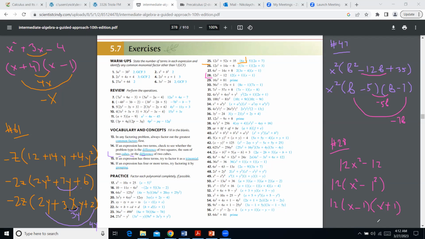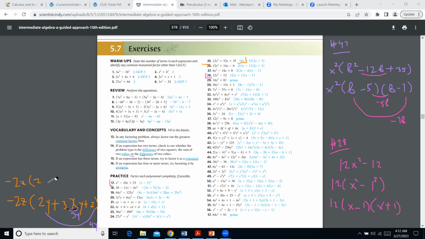So how about exercise number 17? When you start doing these factoring problems on your own, the more you practice, the more you get used to the process of breaking those polynomials into products of little factors.